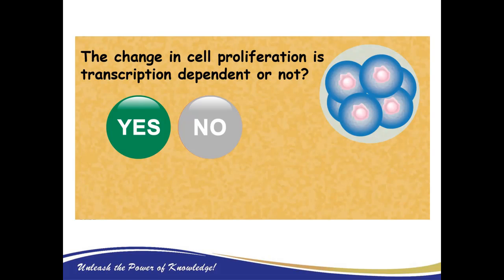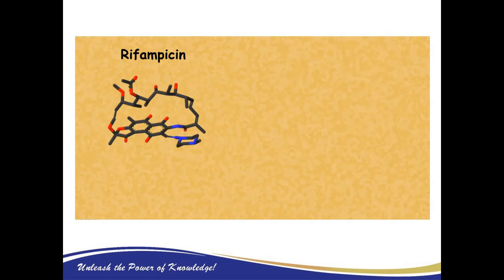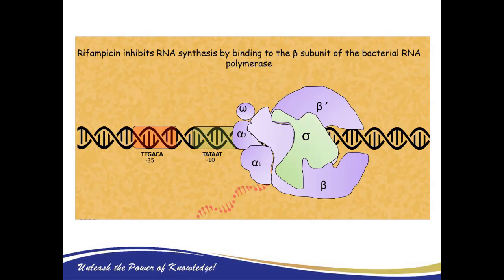So if transcription has a role, if it is yes, let's talk about rifampicin. Rifampicin is very specific to the prokaryotic RNA polymerase. It is not specific for eukaryotic RNA polymerase. Eukaryotic RNA polymerase is not sensitive to rifampicin.